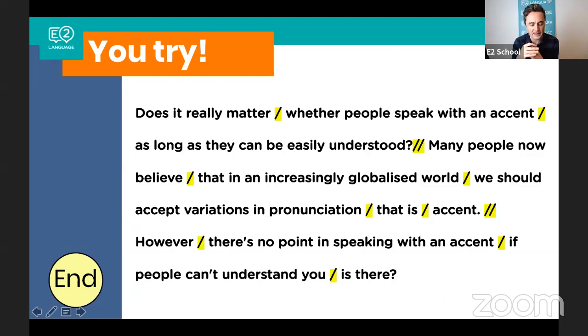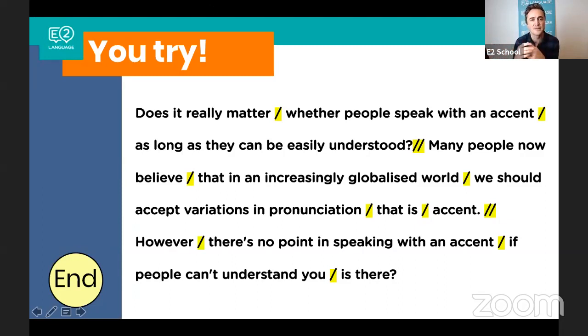Here's the other thing that you need to keep in mind. Fluency does not equal speed. So the quicker you speak does not mean the more fluently you speak, right? Fluency has many different elements. For example, pausing and chunking and sentence stress, and we're going to look at connected speech in a second.